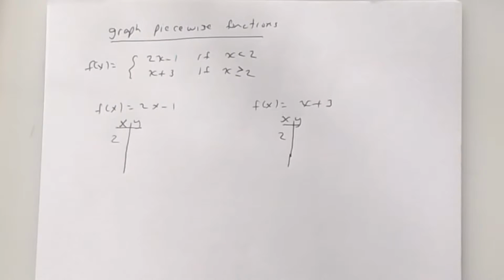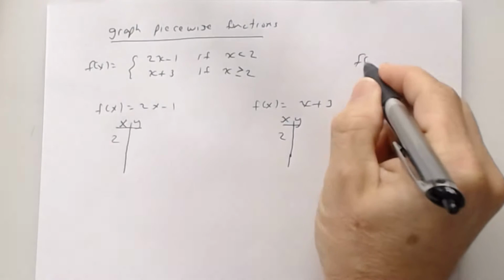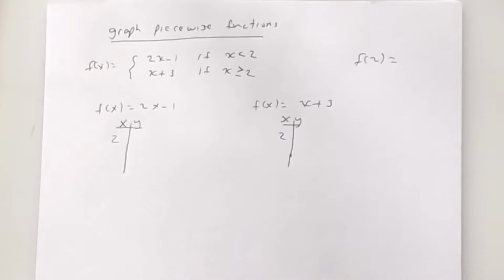Now 2 is not in the domain of both, though, but you're going to use 2 in both cases. You know that 2 is not in the domain of either, because if I asked you to tell me what f of 2 is, you're going to tell me that you've got to use which function? The bottom one. That's where 2 is.